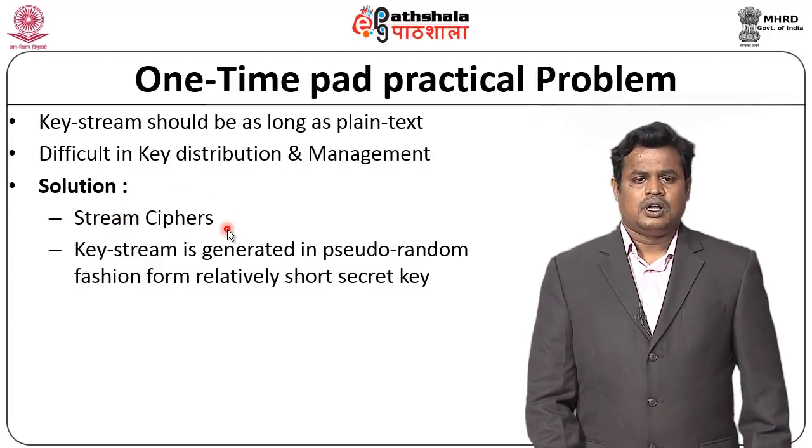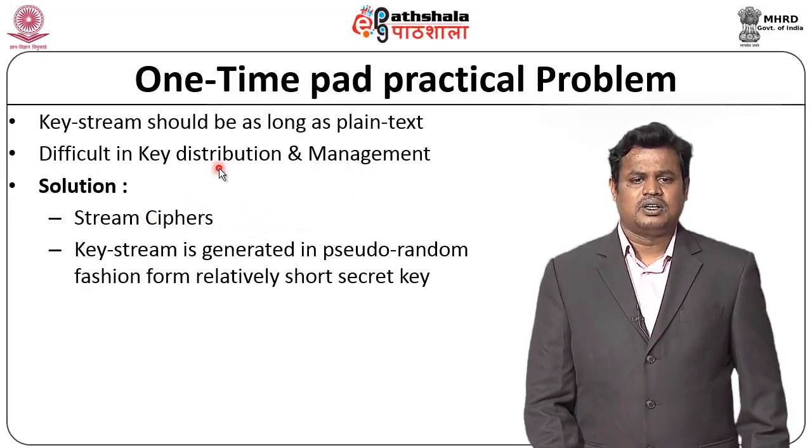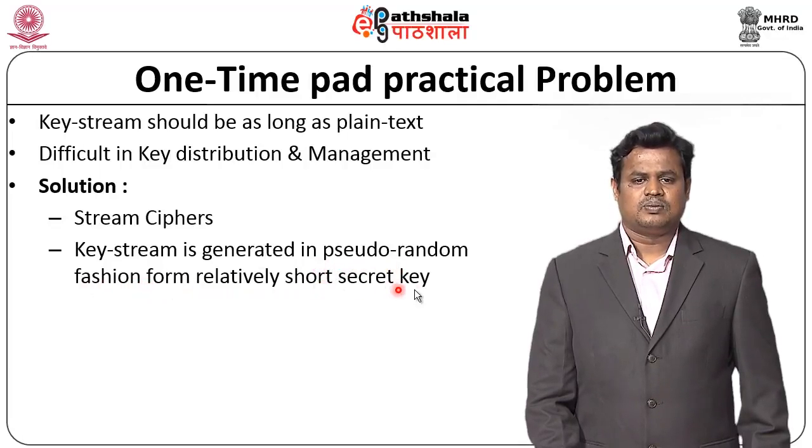In a stream cipher, I am not going to have a key as long as the size of your plain text. Instead of that, we will have an initial key as we discussed, and the remaining things are going to be handled by a pseudo random fashion from the relatively short secret key.